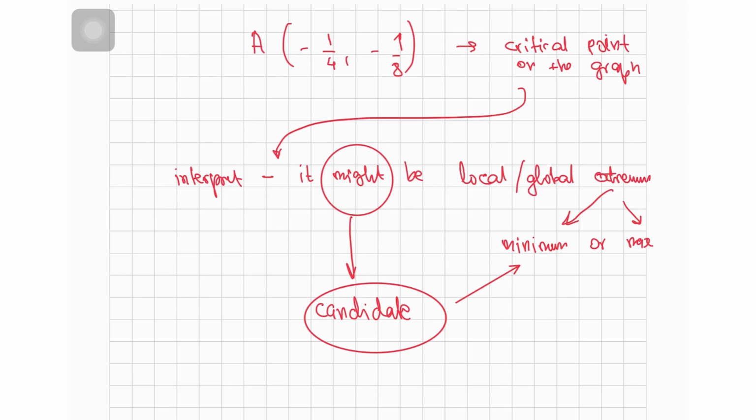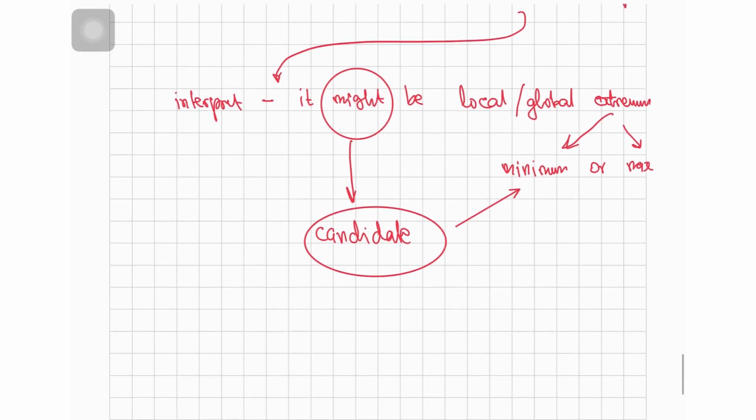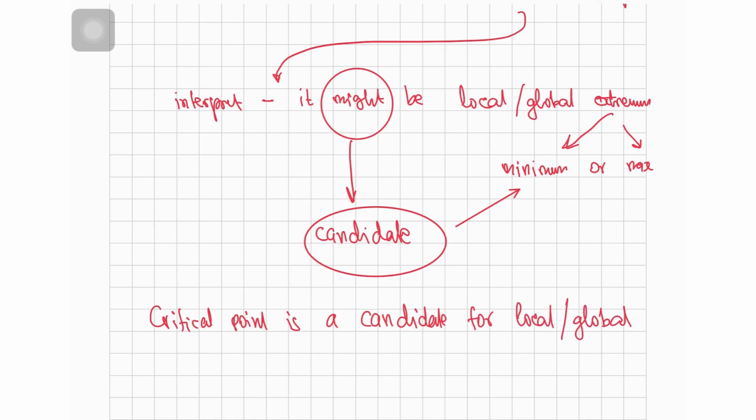So we still don't know whether it is a local or global extremum. There are additional things that we have to check to know whether it is. But it is a critical point and it is a candidate. So we can write that down here. A critical point is the candidate for local or global extremum.